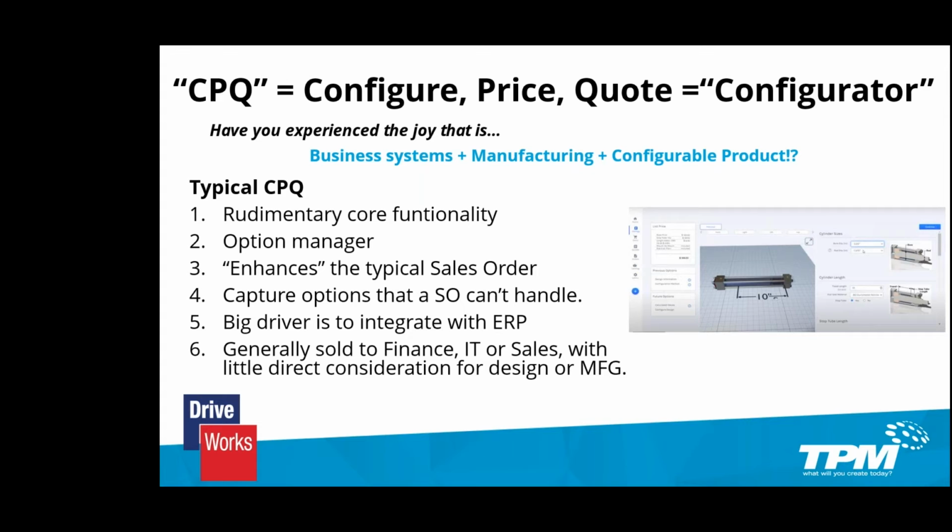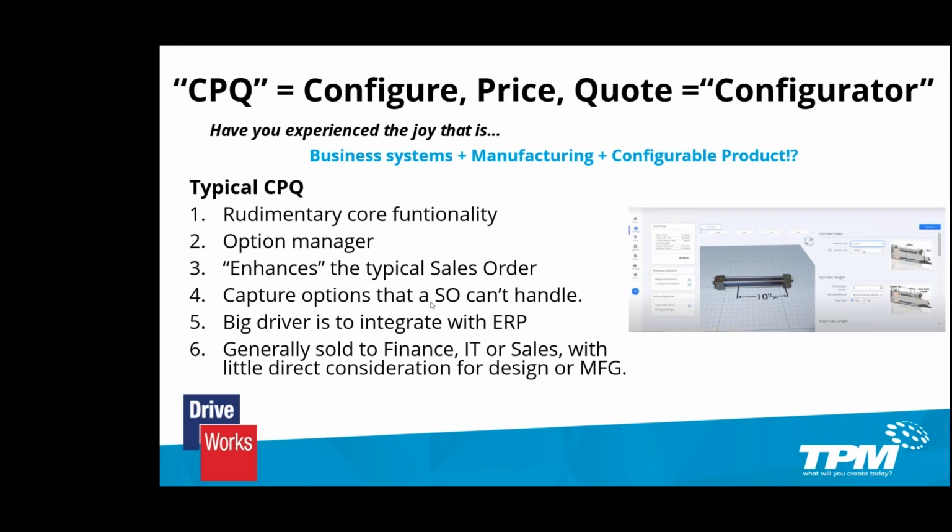But at its core, CPQs typically act as option managers, and they tend to function by enhancing the order entry process. If you have a means of entering a sales order, a CPQ or a configurator can layer on and provide a little bit more functionality and customization to the order entry process.